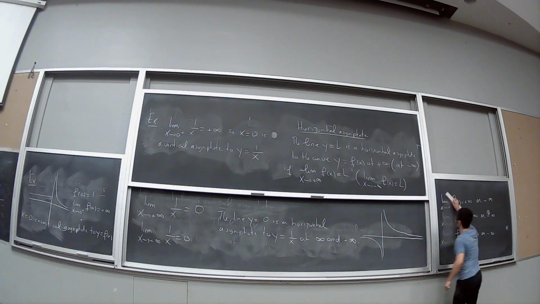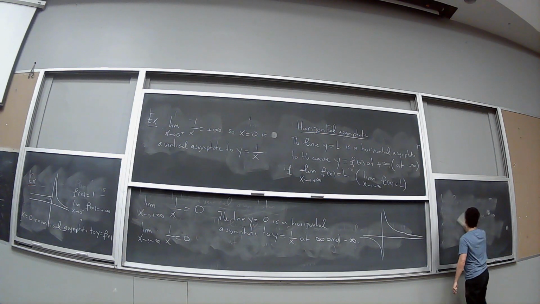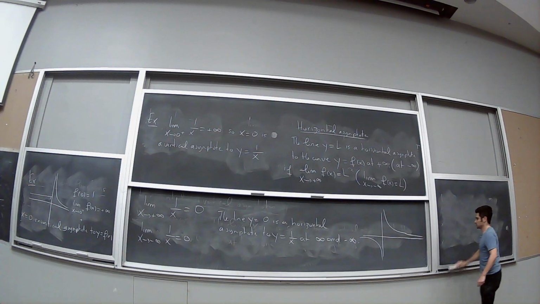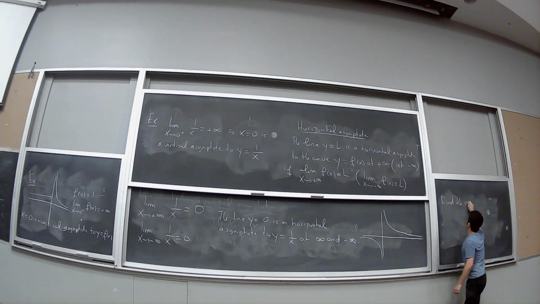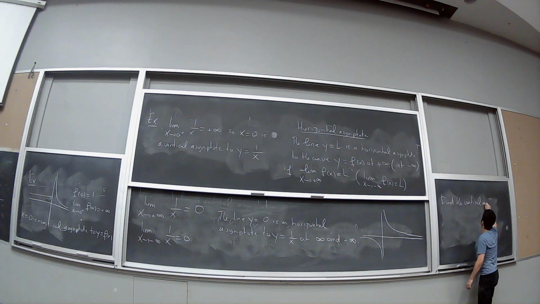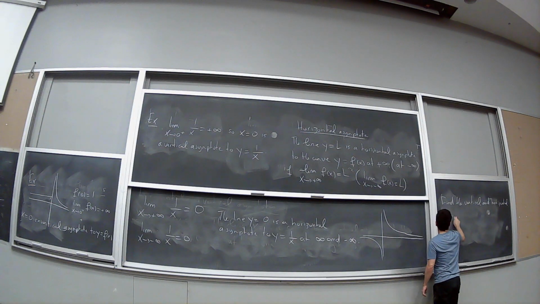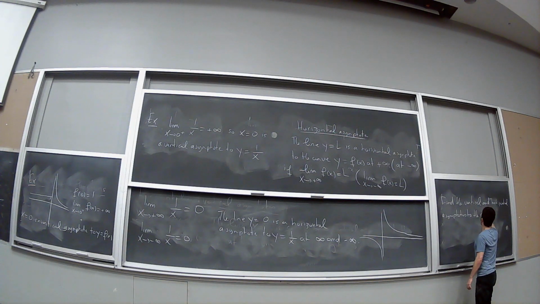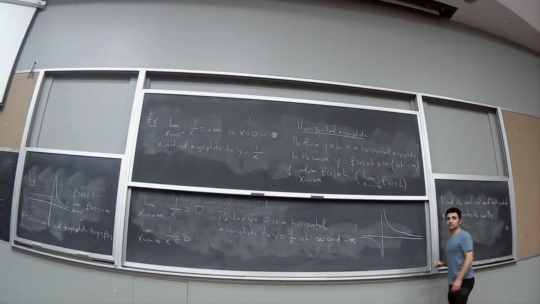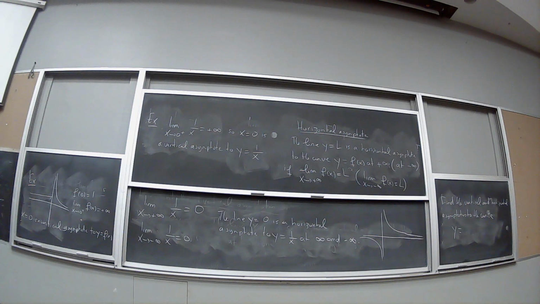Let's do an example. Now, find the vertical and horizontal asymptotes to the curve. Who wants to give me their favorite number? Raise your hand. Yep, 6.